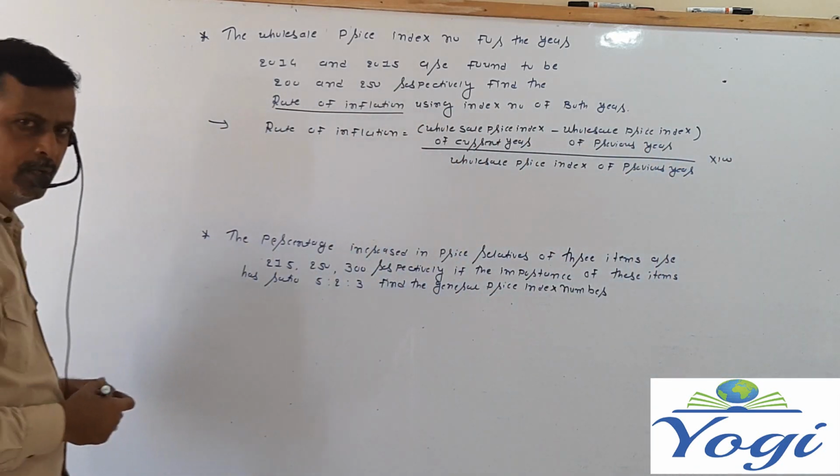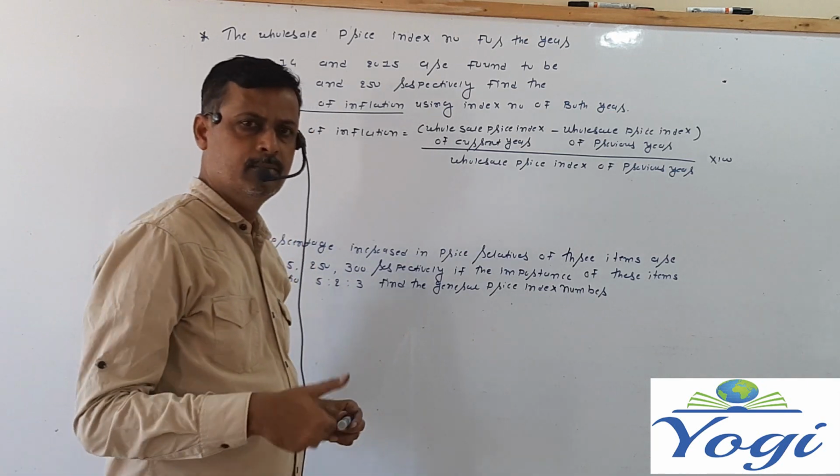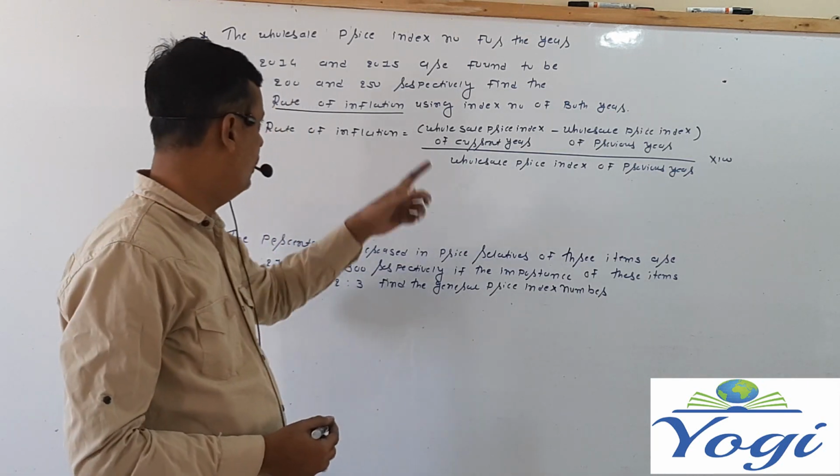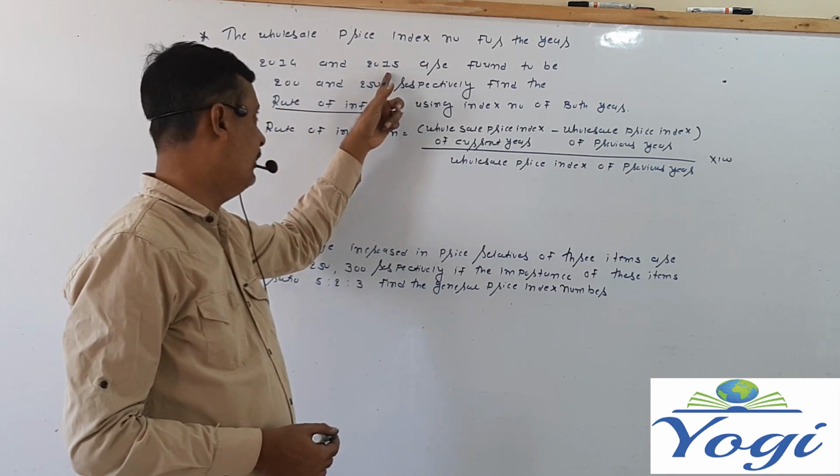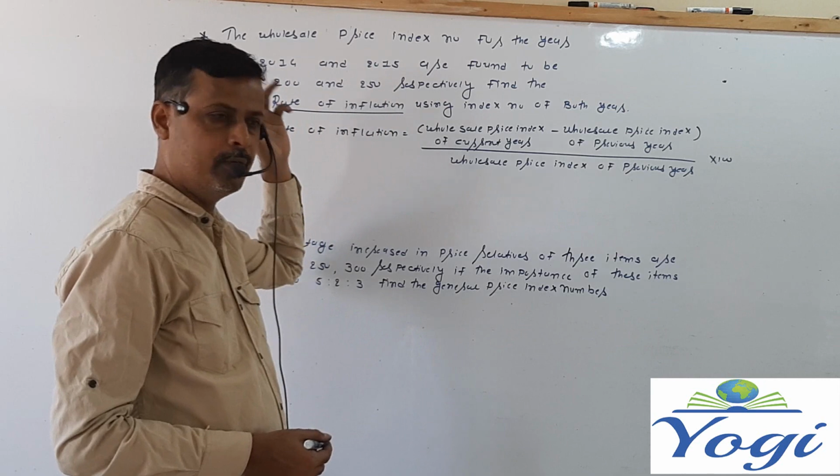So here we have 2 years, 2014 and 2015. So 2015 is our current year and the previous year is 2014.